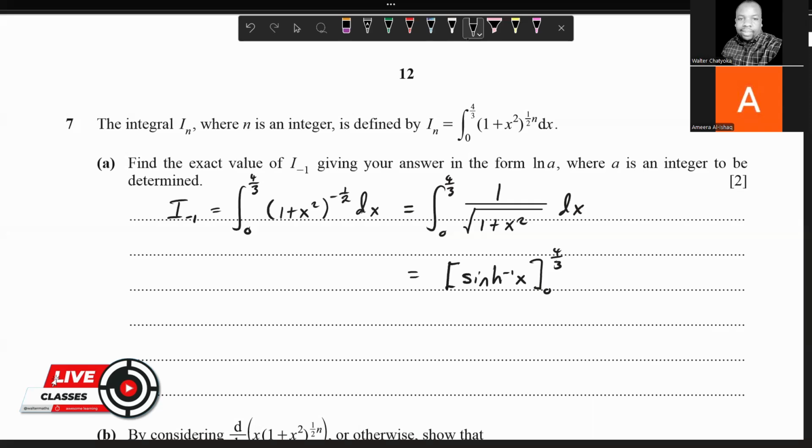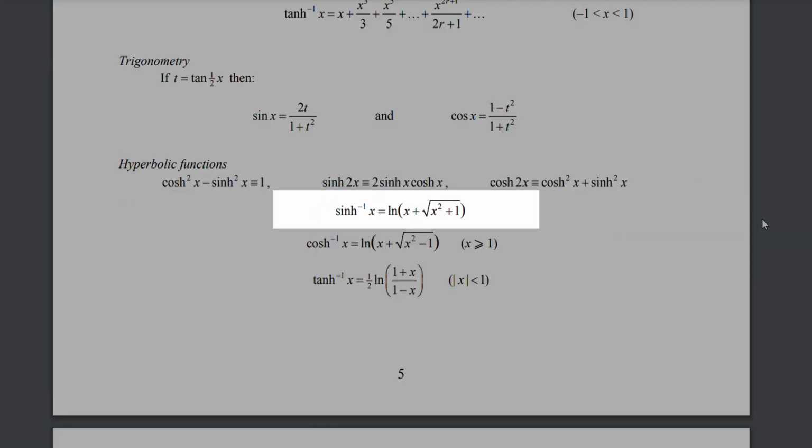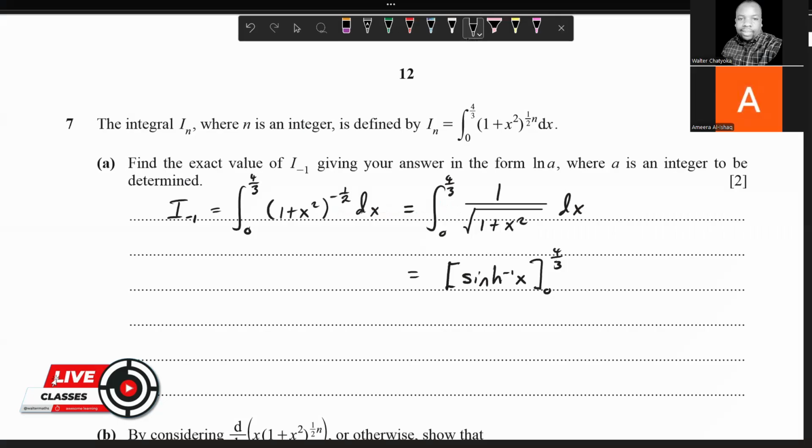Now, again, in MF19, we know that arsinh of x is ln of x plus the root of x squared plus 1. So when we substitute 4 over 3, we'll be having ln of 4 over 3 plus the square root of 4 over 3 squared plus 1. That's essentially 16 over 9 plus 1, so it's 25 over 9.